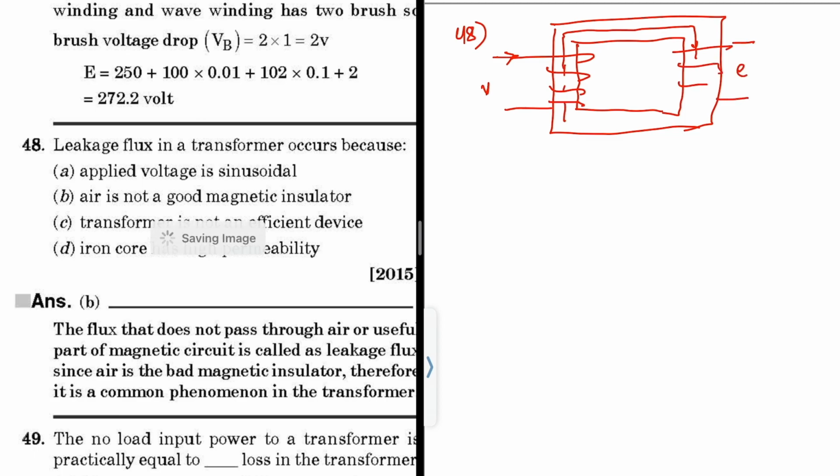But some part of the flux will leak through air, because air also provides a path for the flux. That means air is not a magnetic insulator. So that's why the answer is this.